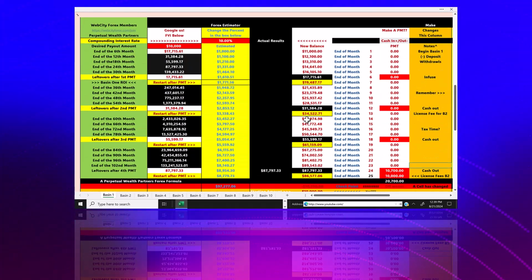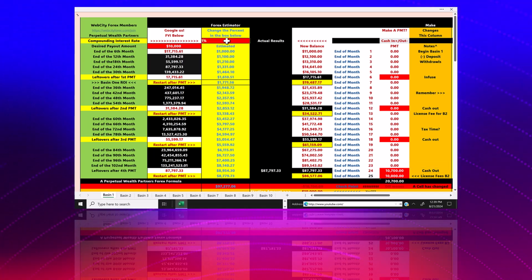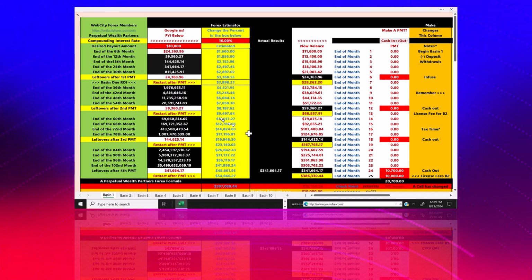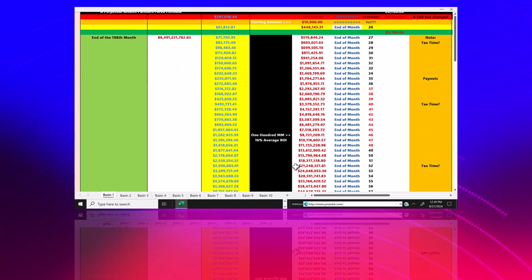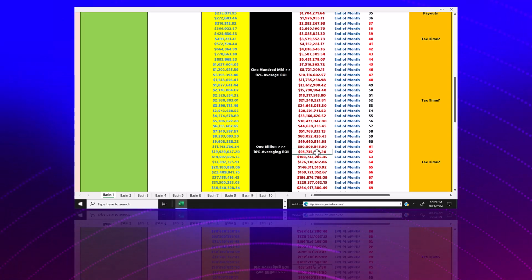Let's see, what do we have in here? We have 10%. We changed that to 10%. So let's change this to see if we actually got a 16% return, how much better that would be. 62. And that would be about $93 million.